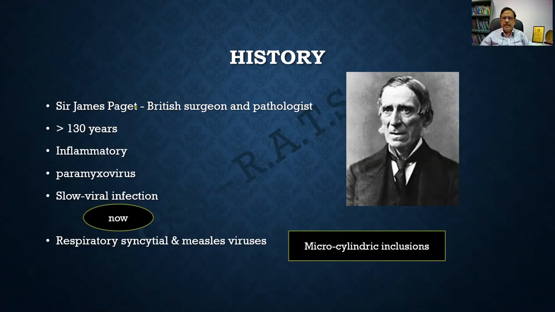Over the century, there were many debates and counter debates, various suggestions, and now ultimately people have agreed that it is because of a viral infection, probably respiratory syncytial virus or a measles virus. And in all these, you find that there are microcylindric inclusions that can be found in the lesion.